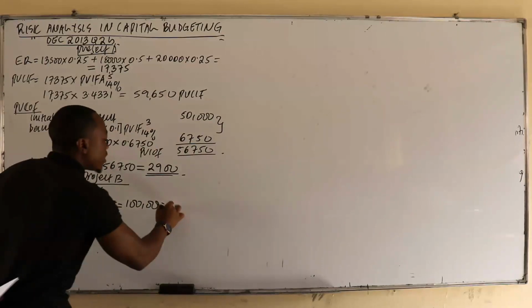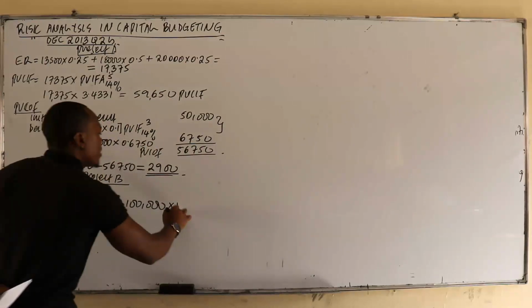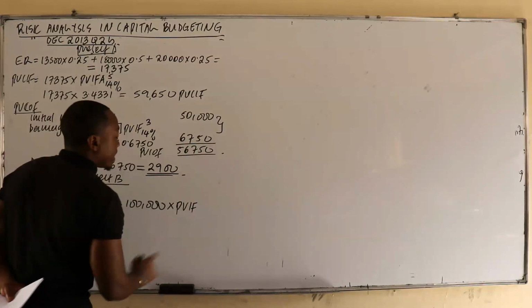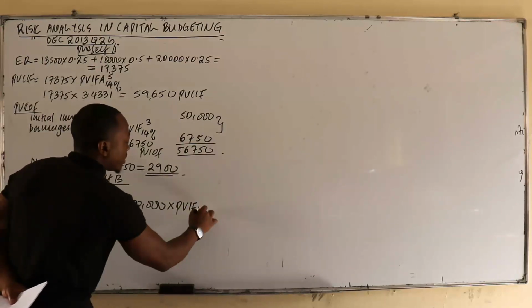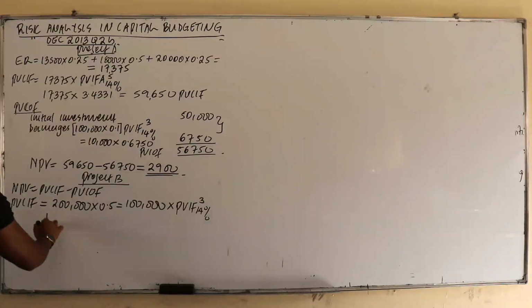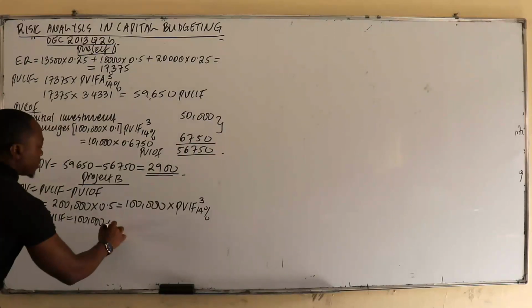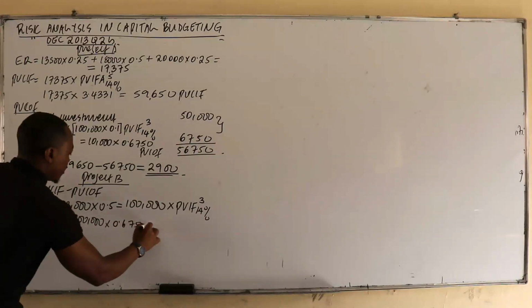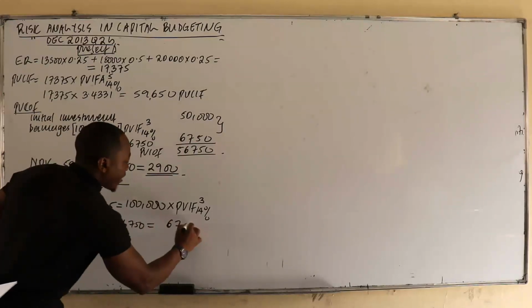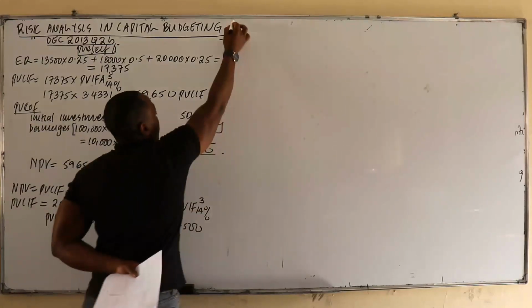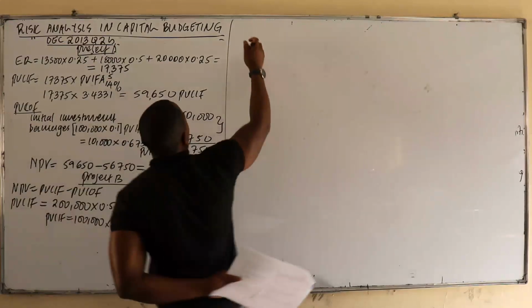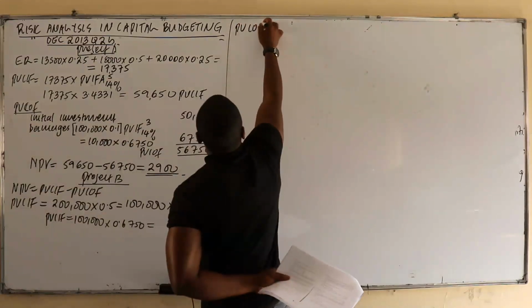So we need to discount to get the present value now. Present value interest factor, it's not an annuity, since you're going to expect at the end of year 3, 14% for year 3. So present value of cash inflow will be 100 times 0.6750, you'll get 67,500.